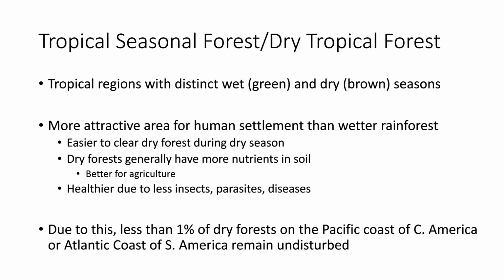So that's why we see throughout the world, very little of these dry tropical forests remain undisturbed. And we see that within Central America as well as South America. And again, it's just because they are attractive environments for human settlement.